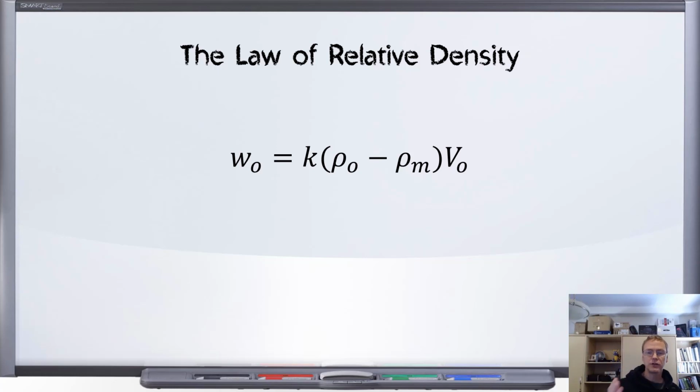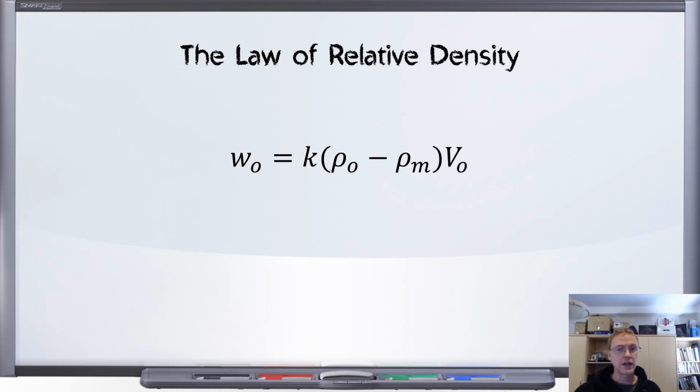Okay, that leaves one term on here to explore, and that is this constant. We need to measure from nature what the relationship between weight, density, and volume is, and when we measure it, we'll fill that number in right there to see what the relationship is.